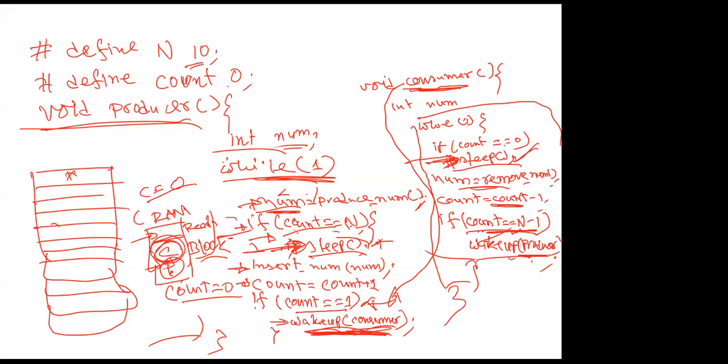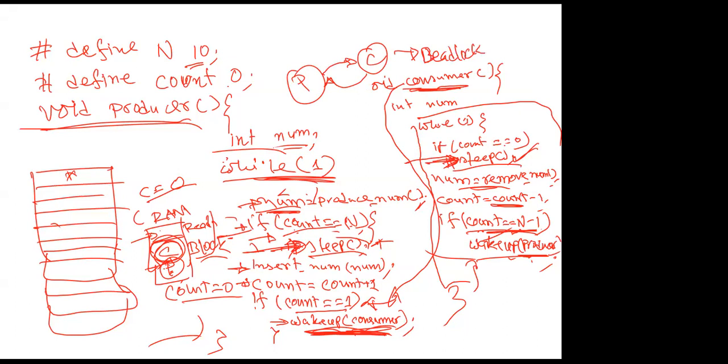Process P1 waits for the consumer process to wake it up, and the consumer also waits for the producer process to wake it up. So no process is currently executing. This is circular waiting, also known as deadlock. Deadlock problems.